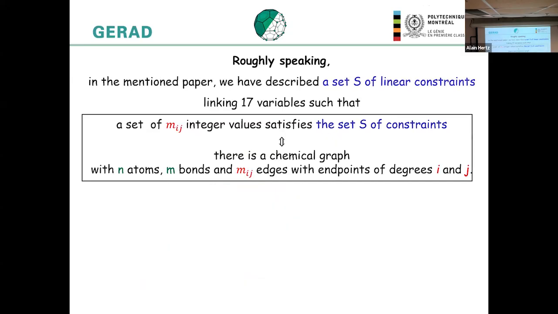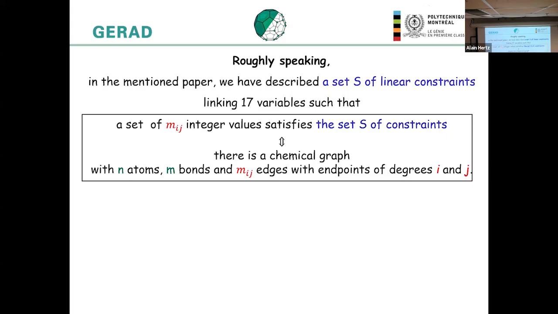And more than this, so roughly speaking, this set of constraints I have shown you is not a set of linear constraints. But in the paper, it's explained how to linearize all these constraints. So in total you have to have 17 variables.